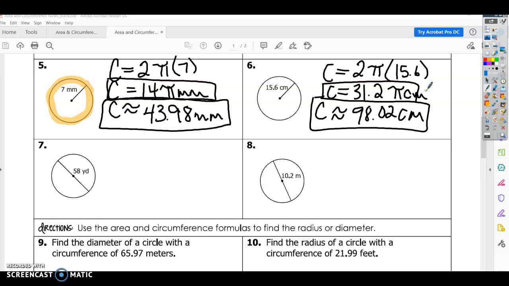All right, let's move on to number 7, circumference equals, this time we are given the diameter instead of the radius. So the diameter goes all the way across through the midpoint. So I'm going to do pi times diameter.